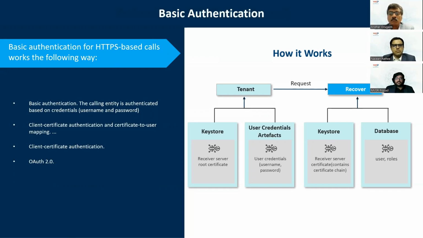based communication. So for example, here if you take tenant and receiver, here a request is passing from tenant to receiver. Sorry, it says receiver. So here at the tenant level, we will be having a key store where the receiver server root certificate we have to place, and then subsequently a user credentials artifact has to be maintained, that is user ID and password, within the tenant.